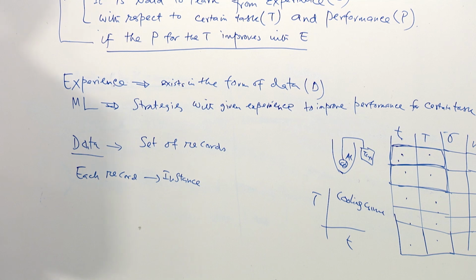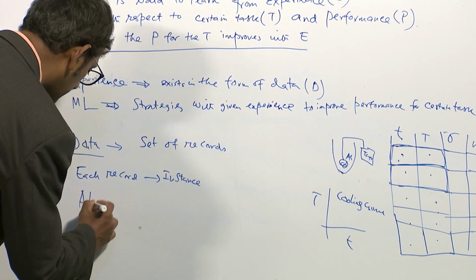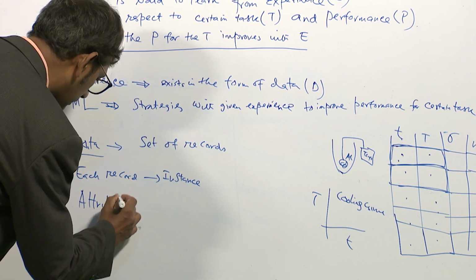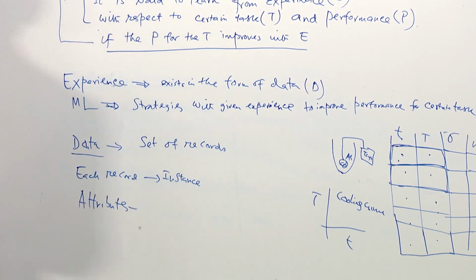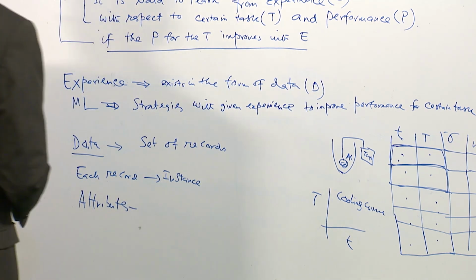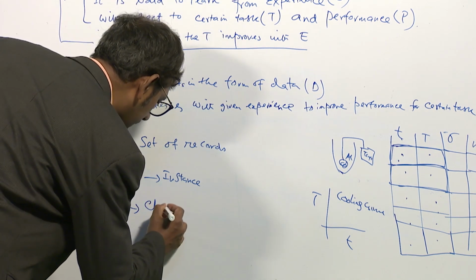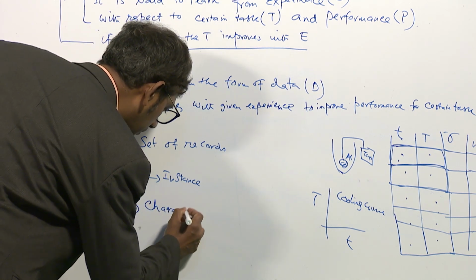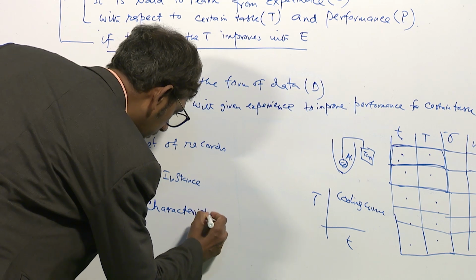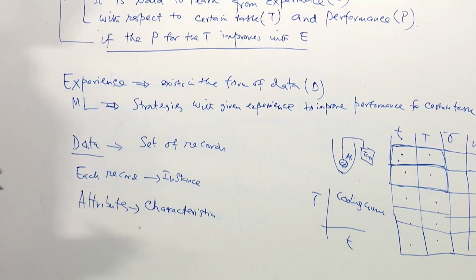So therefore these attributes are what? Attributes are characteristics. Please remember this.